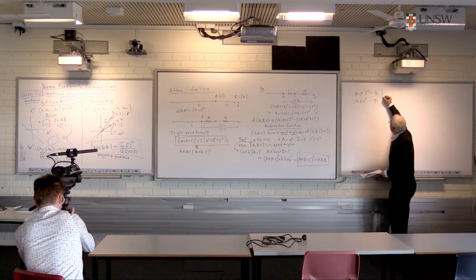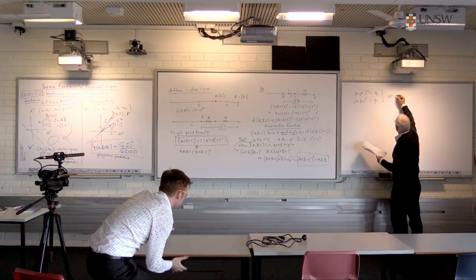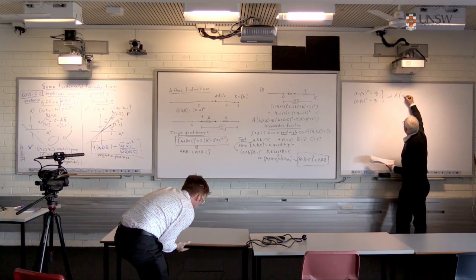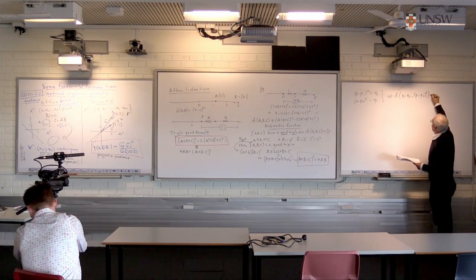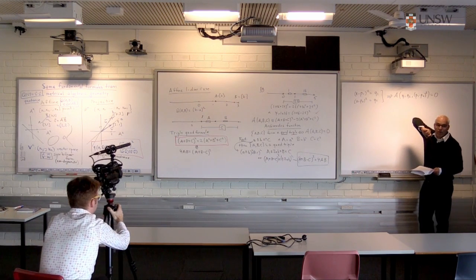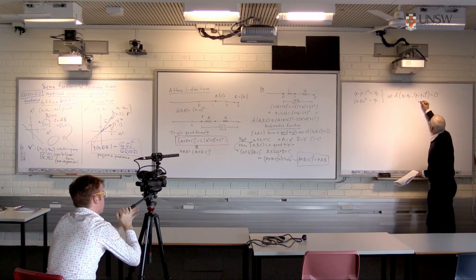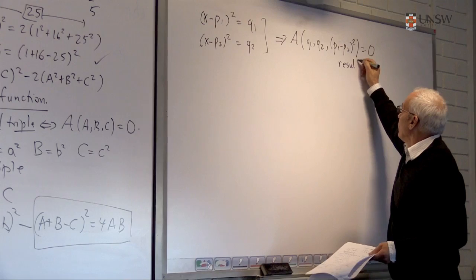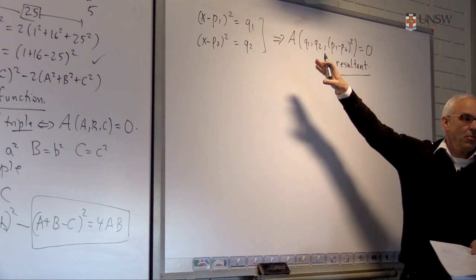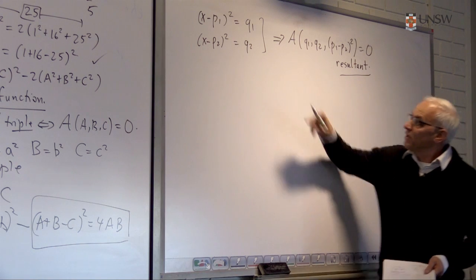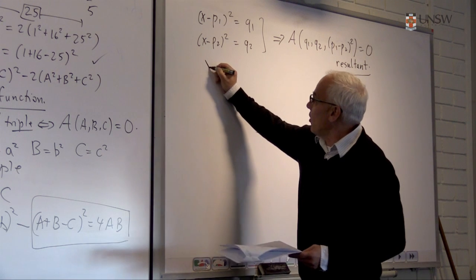Well, it turns out that if these two equations have a common solution, then q1, q2, and (p1 - p2) squared form a quad triple. This is an equation that the 18th century mathematicians referred to as a resultant. This is the result of eliminating x from this system of equations. In fact, if you take these two equations and just take the difference between them, you can easily solve for x.